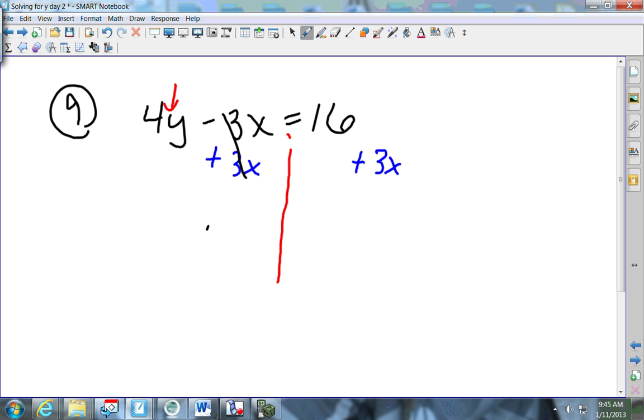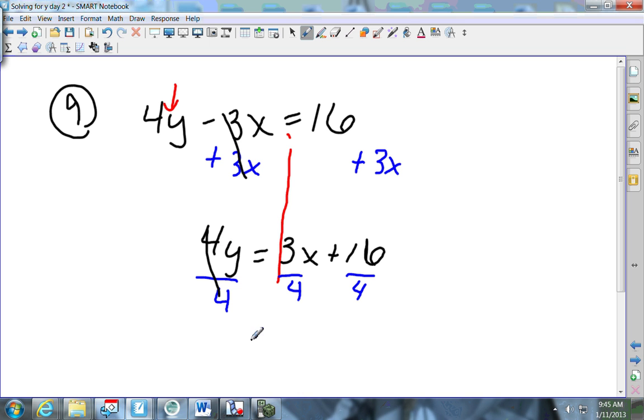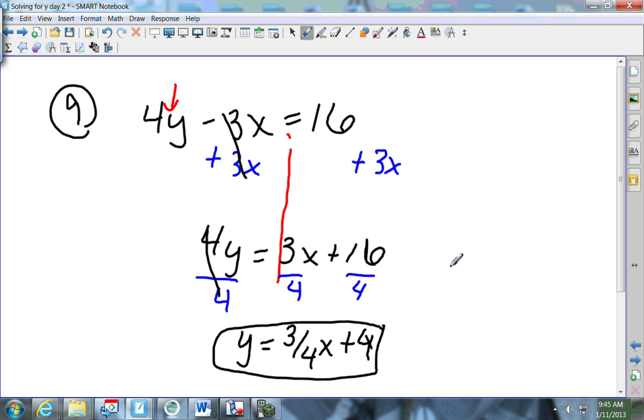These cancel. I get 4y equals 3x plus 16. Divide by 4. These cancel. I get y equals 3/4 x. 16 divided by 4 is 4. My slope is 3/4. My y-intercept, 0, 4.